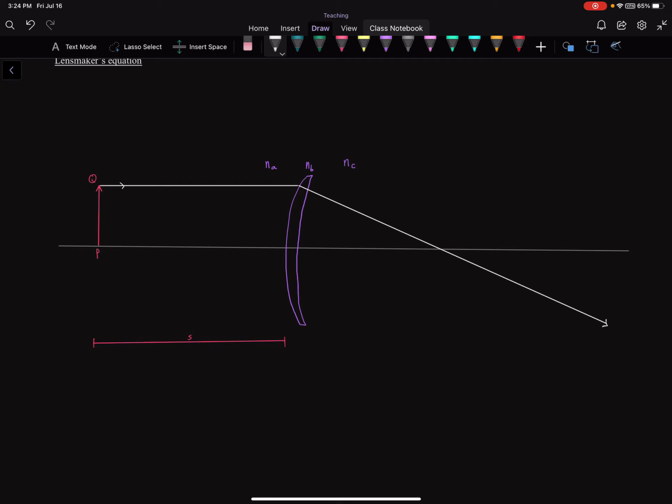And then we are given that it goes right through the center of curvature and arrives at here. Back this guy up a little bit. There. This I'm going to do in orange as our intermediary image that's formed right there. That's Q prime. This is P prime, our first image.